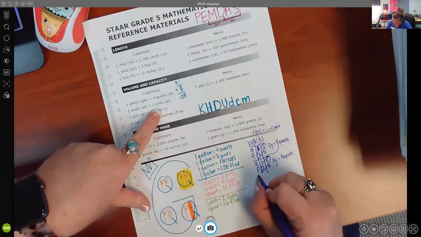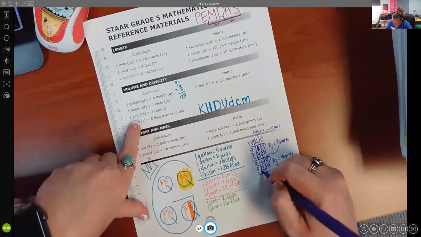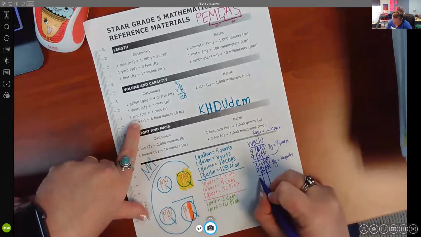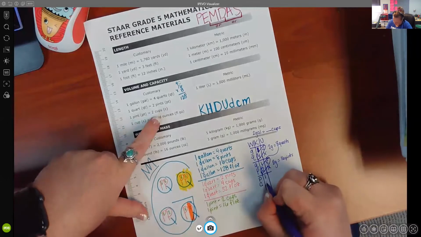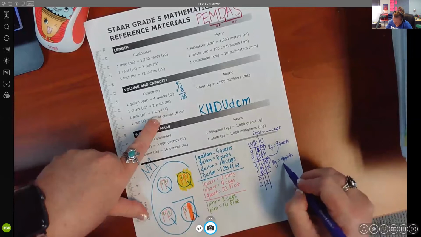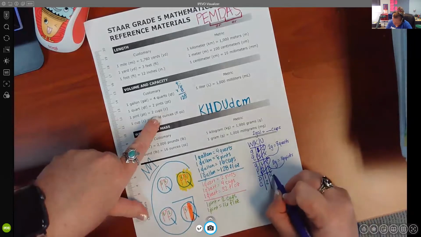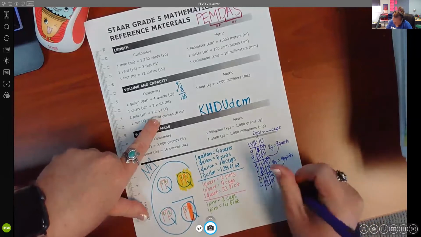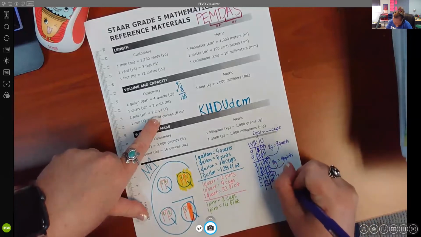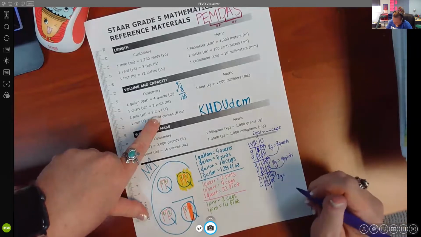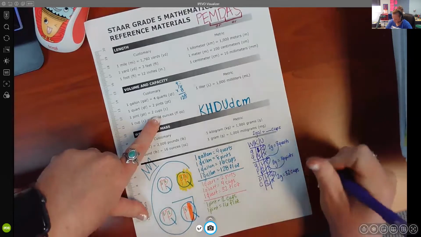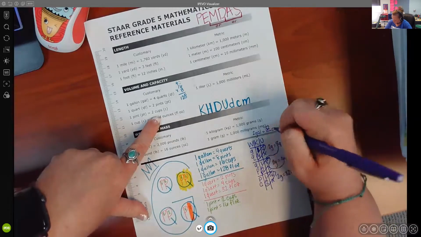So I need to do one more WKU. So I'm going from pints to cups. 1 pint equals 2 cups. I have 16 pints that I need to convert in my unknown cups. I multiply those. So 2 gallons equals 32 cups.